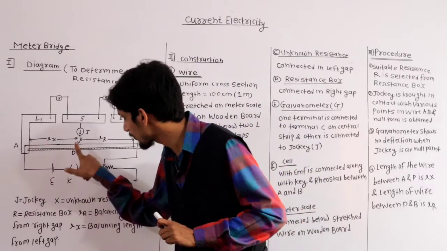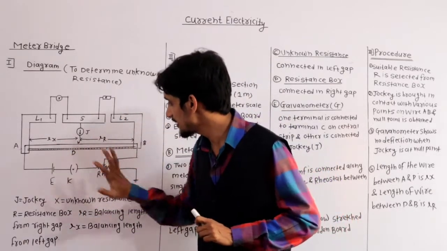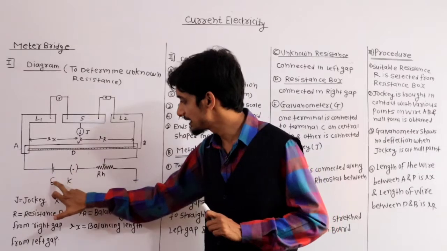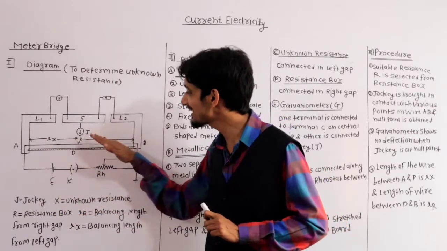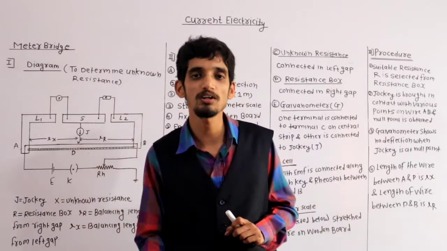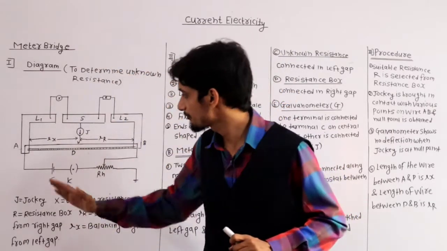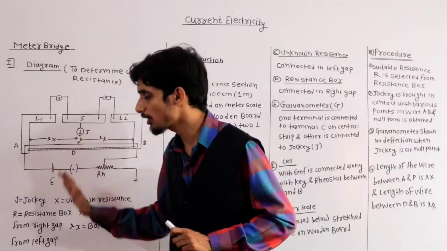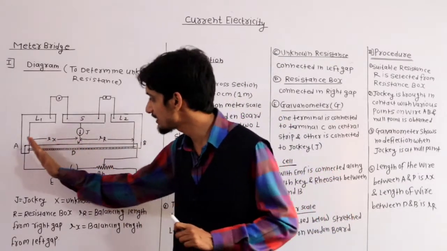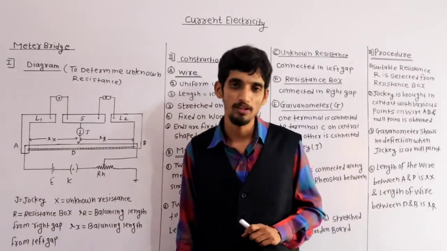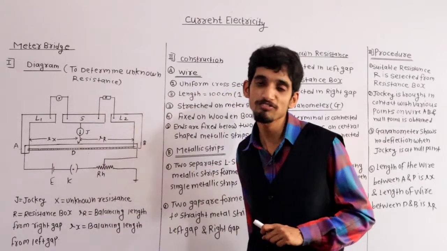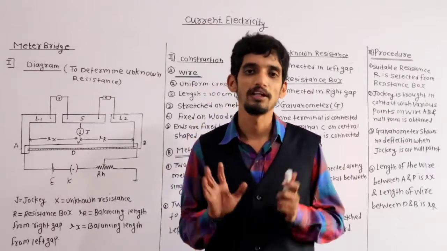Then this is a meter scale, then the rheostat, the cell with EMF E, and the key. LX and LR are the notations for the length from the left end, from the A side, and LR is the length from the B side. Meaning LX is the length from the left gap and LR is the length from the right gap. So this is the circuit diagram of the meter bridge experiment.